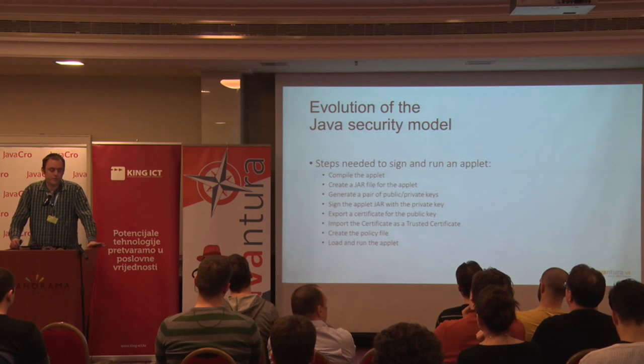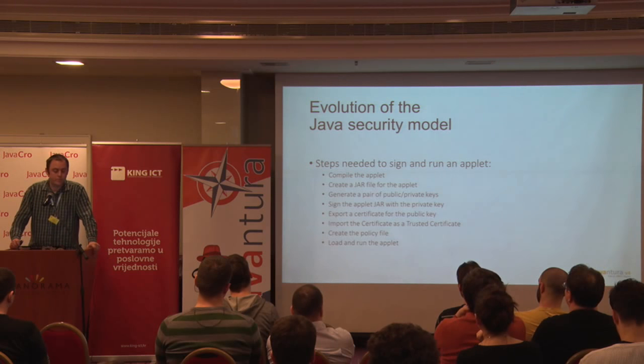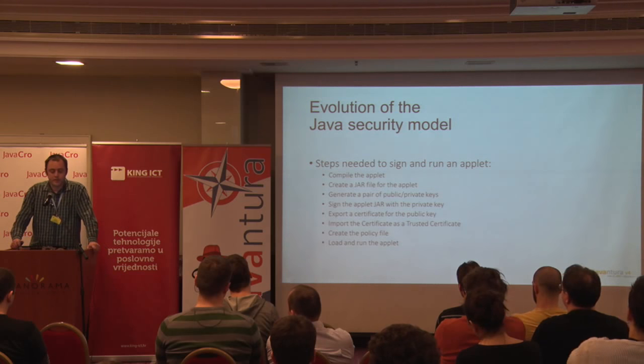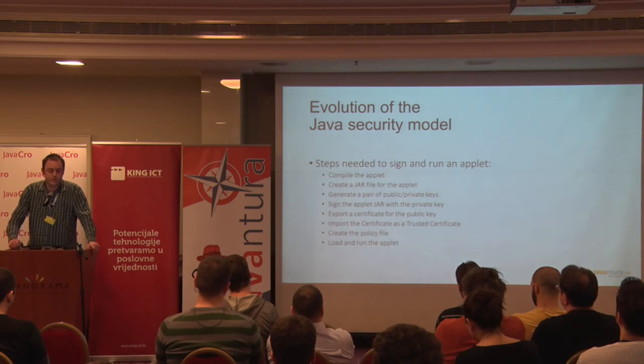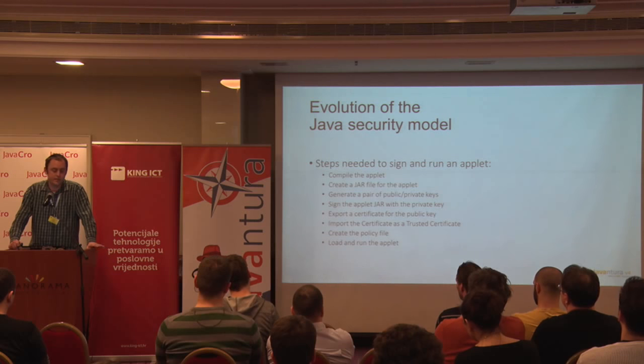Nowadays, no one will probably have to develop applets, but still this is a good overview of how you can do it. You compile the applet, create a jar file, generate a pair of public-private keys, import the certificates for these keys in trusted certificates, create a policy file for those applets, and execute them.